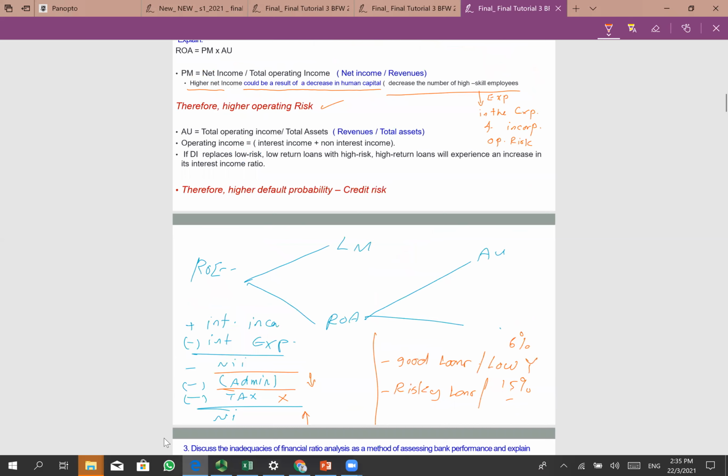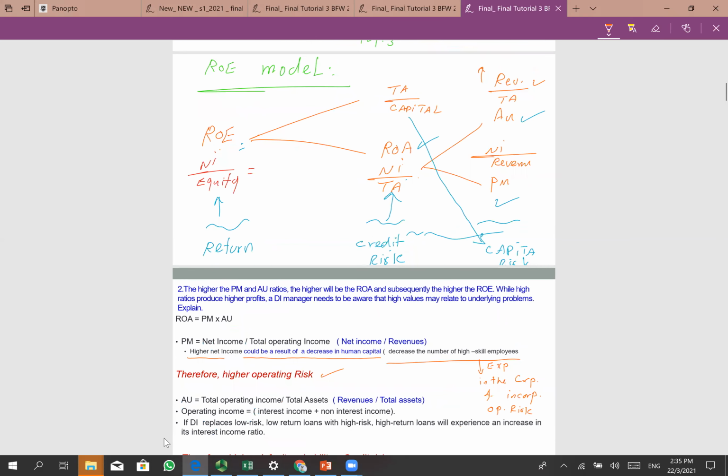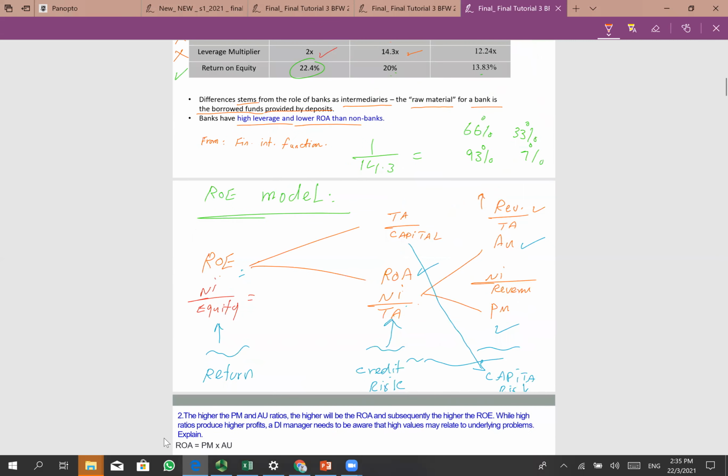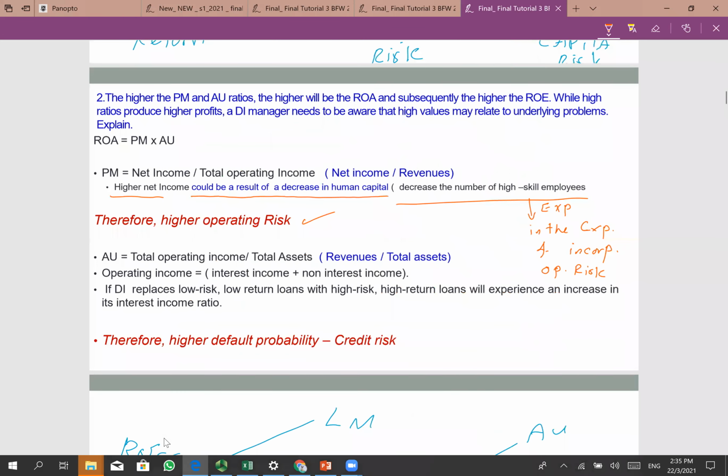If there is a jump in the revenues in this area, it could be because you are receiving, for sure, more revenues, more interest income. The question is from where and why. So this is what we are talking about here. The question here, total operating income, this is the revenues over the assets.